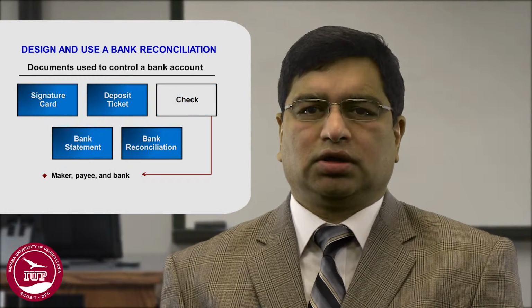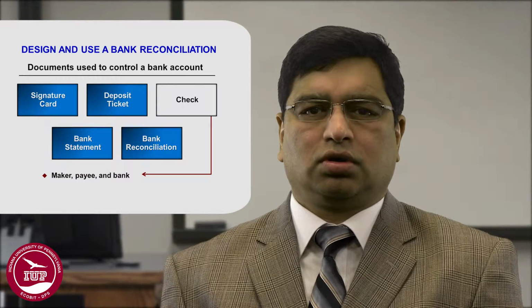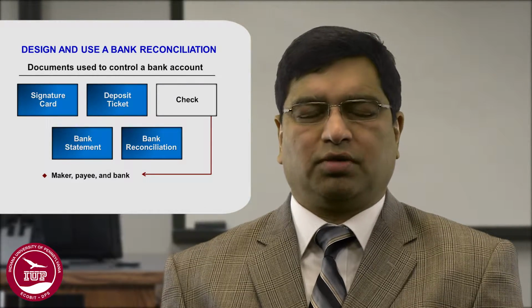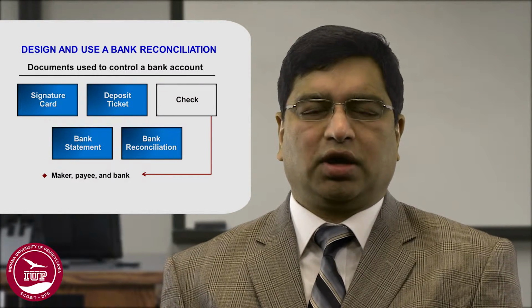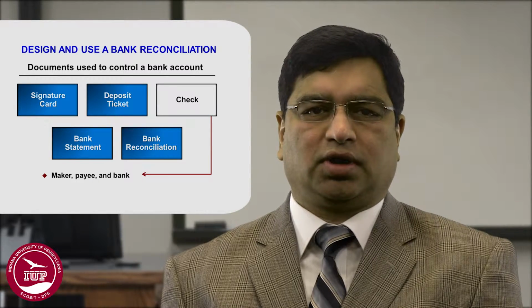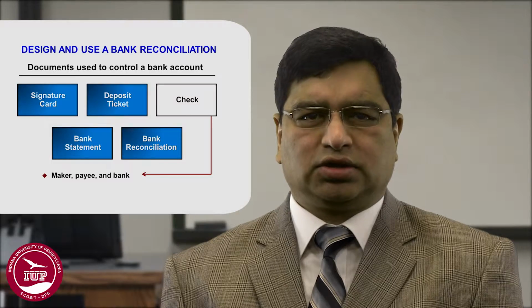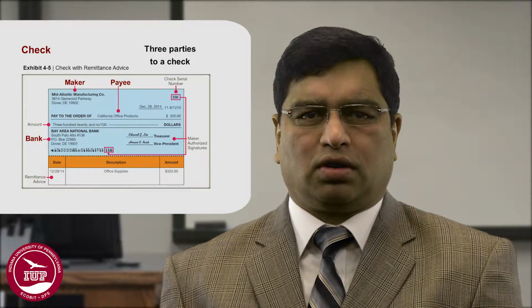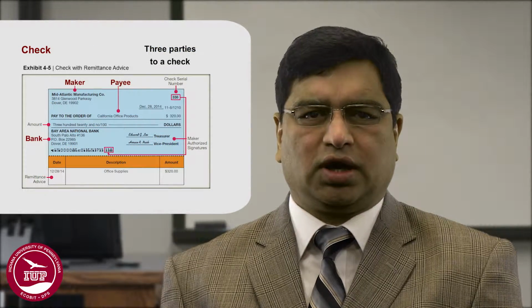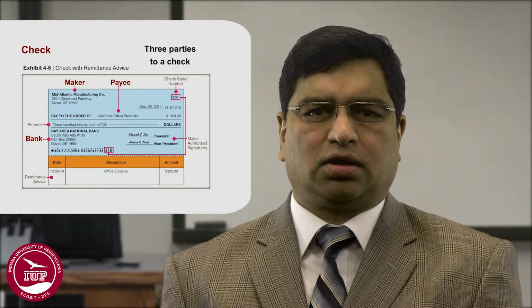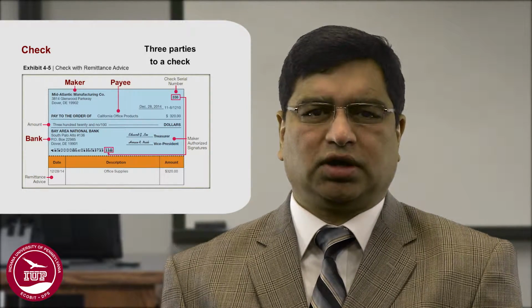and checks are what is written by the organization to make payments, made to a certain payee and then authorized or signed by the authorized signatory. This is how a check or a check with a remittance advice would look. You've got the maker, that is the organization who is writing the check.